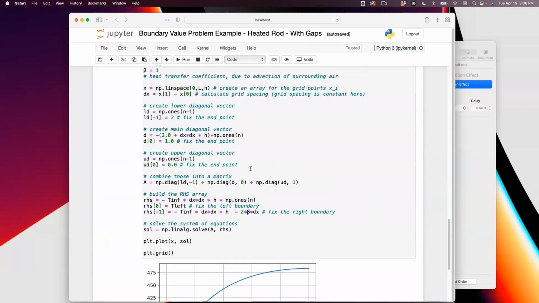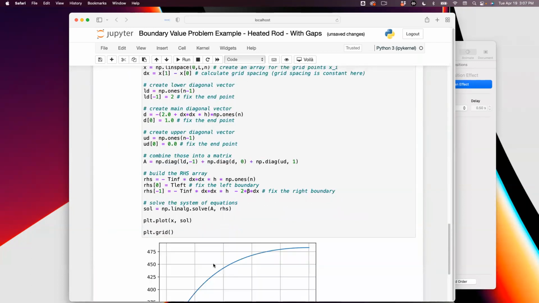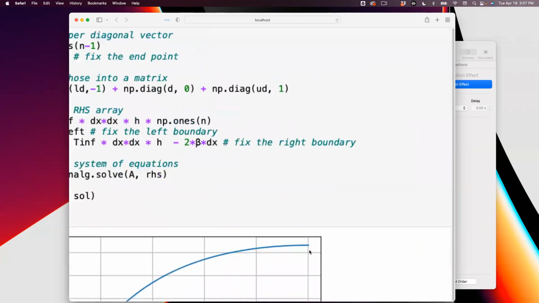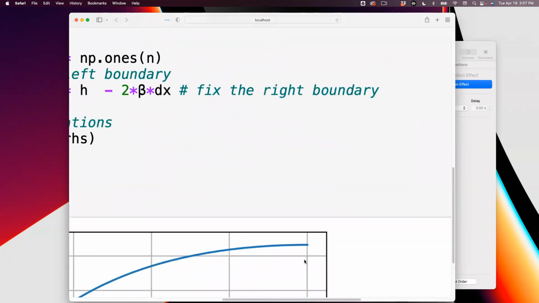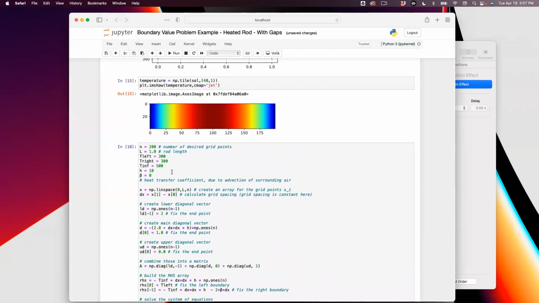How do you check that this makes sense? You do 3 tests. For beta equals 0, you're saying that the slope of the temperature, dT by dx, at that point is 0. So the temperature curve is going to go flat at the right-hand side. Beta equals 0 is going to give us, look at that, a flat curve over here. Almost flat, no matter what you do to T infinity and the other temperatures.